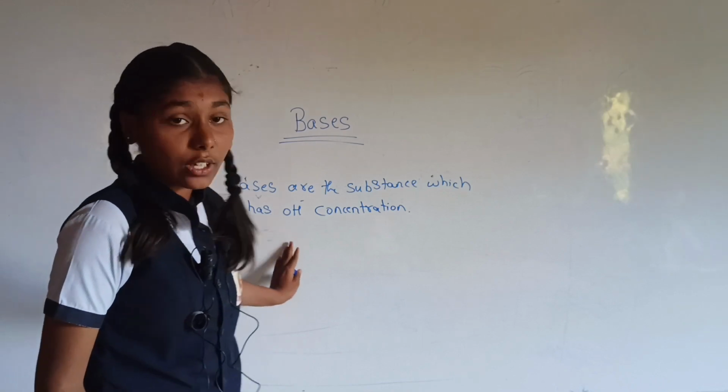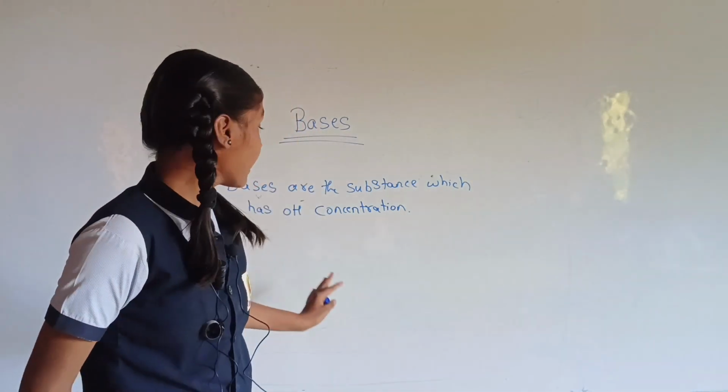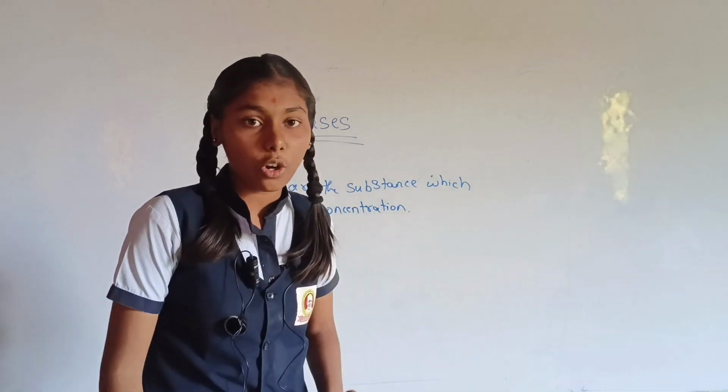So by checking which substance has the OH minus concentration, we can decide whether it is an acid or a base.